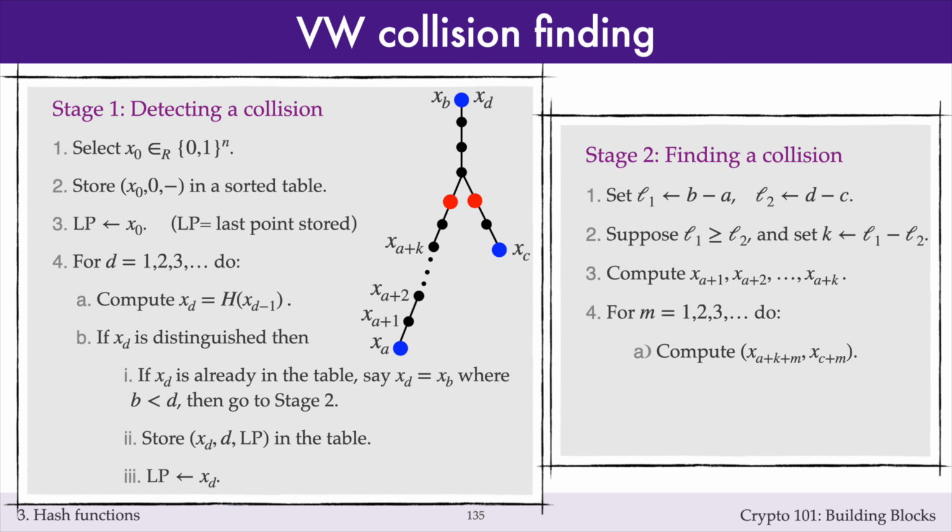Next, advance XA plus K and XC one at a time to compute the pair XA plus K plus M and XC plus M. Do this until the pair of computed terms are equal, in which case the collision is the previously computed pair.